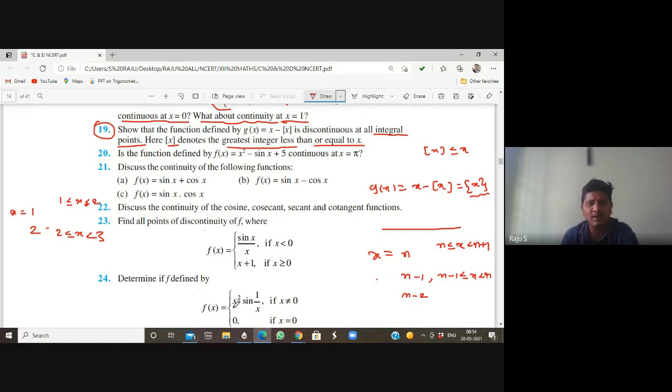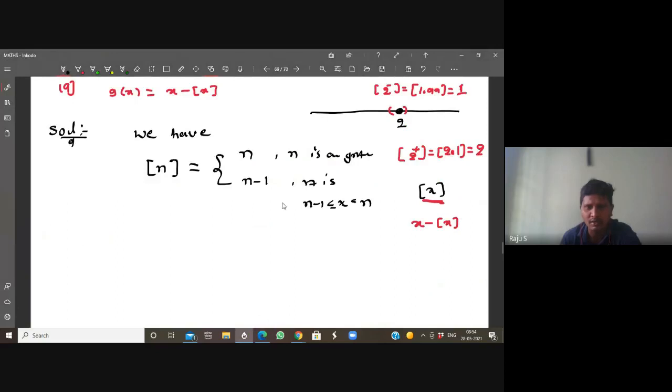In the same way, we can write the remaining also. Two cases. n is an integer. Then for every integer, for example, the greatest integer of 2 becomes 2. Nothing but two cases I have written here.